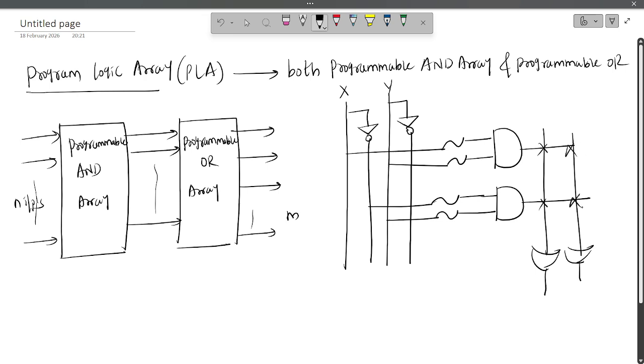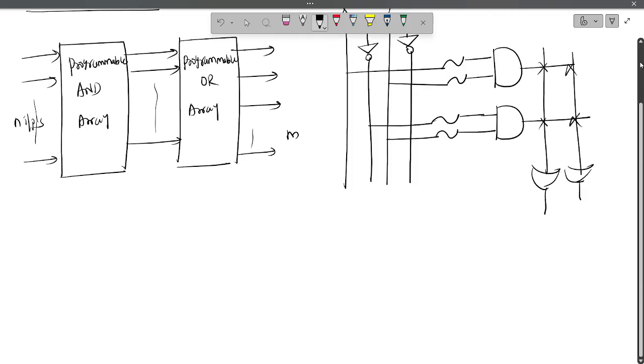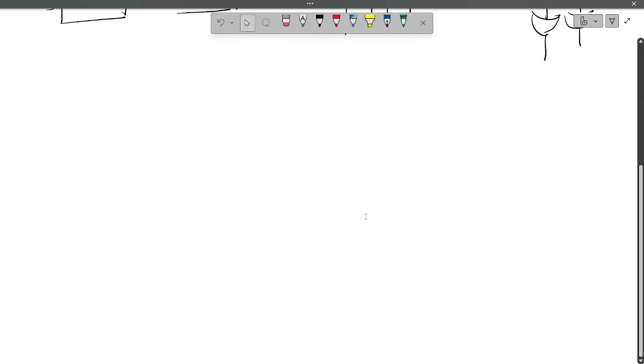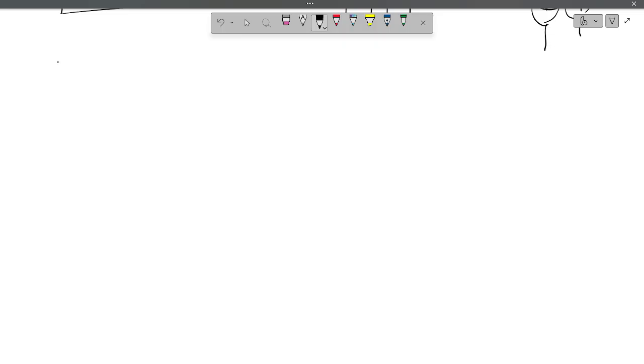So we'll see one example with respect to PLA. Let us take A equal to XY plus XZ bar, and B equal to XY bar plus YZ plus XZ bar.